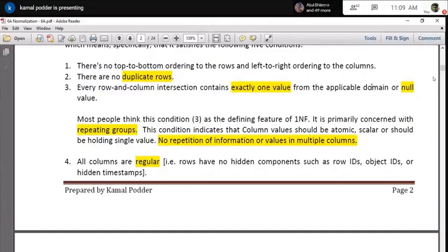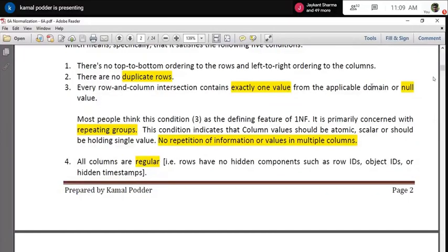In that sense, a view violates the first normal form because it maintains ordering. In a relation in a relational database, there is no ordering of rows or columns. It is not important at all.